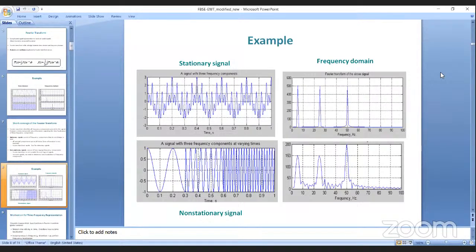So when you are classifying signals as stationary or non-stationary, the Fourier transform is misleading. It is not suitable for a unique representation, because this frequency domain can correspond to a stationary signal, and it can also correspond to a non-stationary signal.